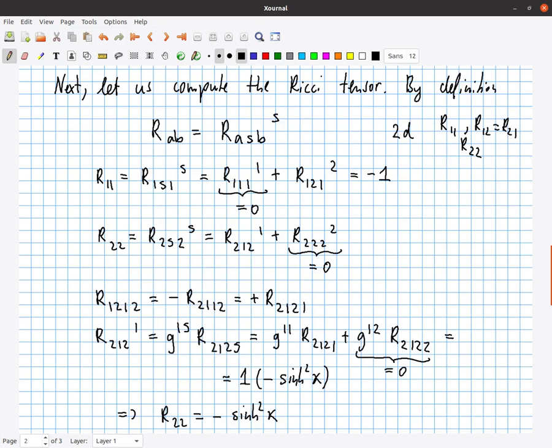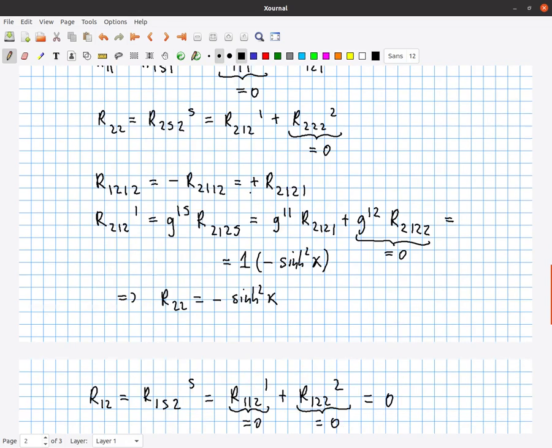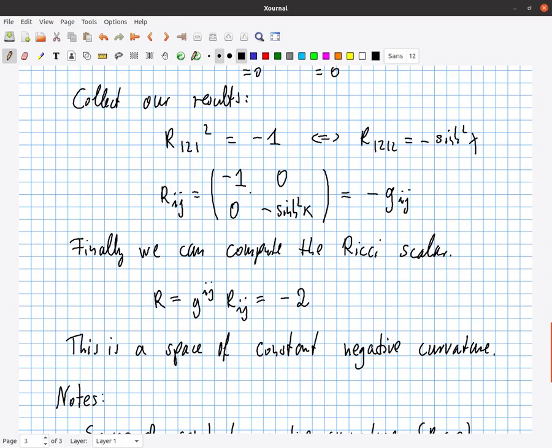I strongly suggest you go away from this lecture, start with the given line element, and see if you can reproduce these results from scratch. And a little side result in passing is that the space I gave you is very special in the sense that the Ricci tensor is proportional to the metric tensor.